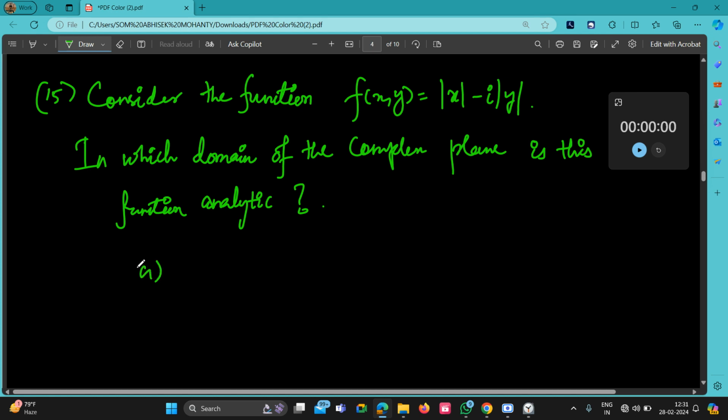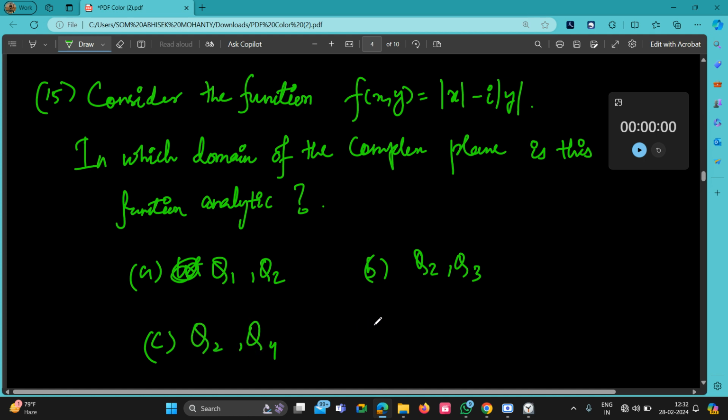Option A, first and second quadrant. I will just write Q1, Q2, first and second quadrant, then second and third quadrant, second and fourth quadrant. Option D is none.